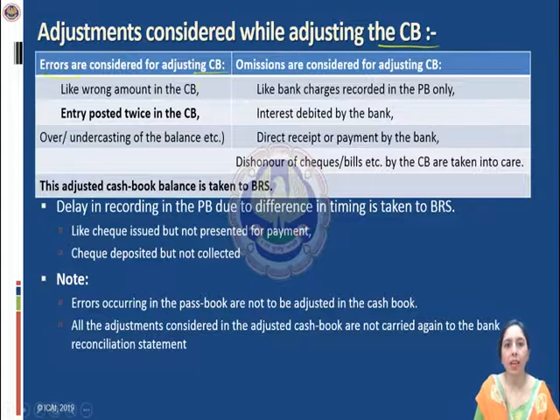If any error is found during the reconciliation process, that is to be adjusted in the cash book. What kind of errors can be adjusted? Like a wrong amount posted in the cash book, which is found while doing the bank reconciliation statement, is to be corrected first.